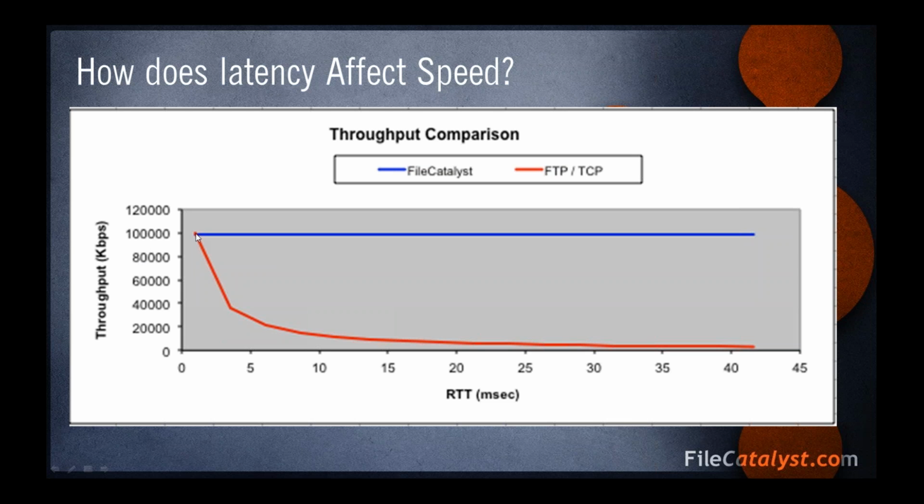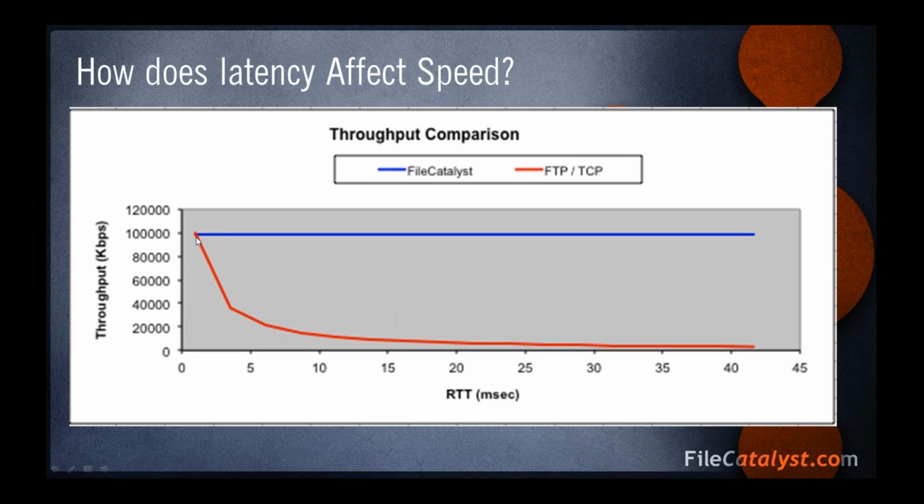With minimal latency, which would be on your local area network, TCP gives you quite good performance, and you're happy with it. As soon as you start leaving your office and going across your city, across your state, or maybe country to country, or even across the continents, into much higher latencies, then you can see TCP drops, and FileCatalyst stays the same.